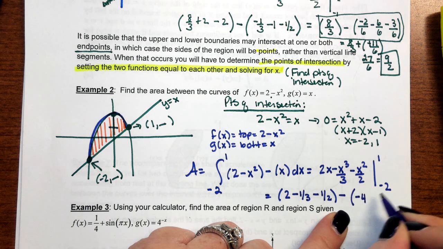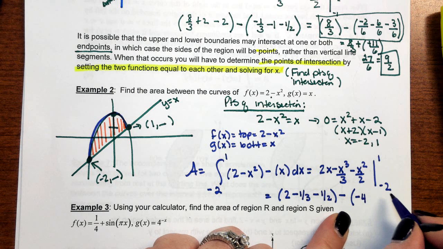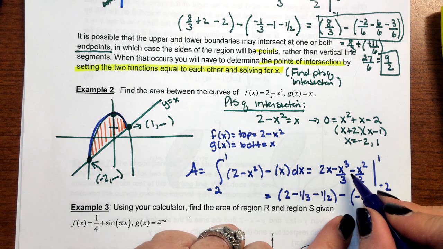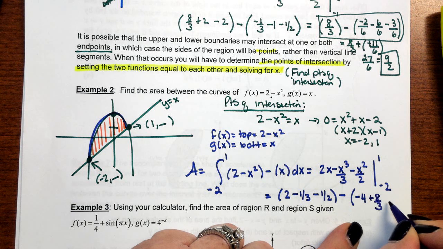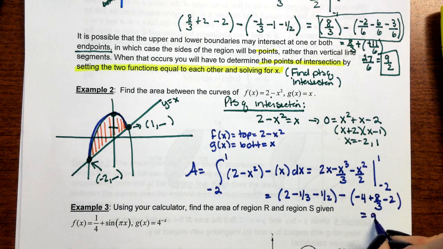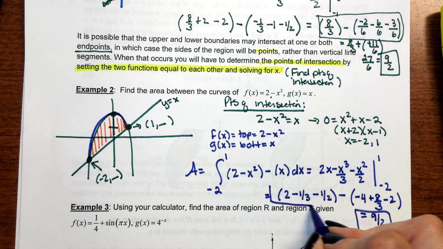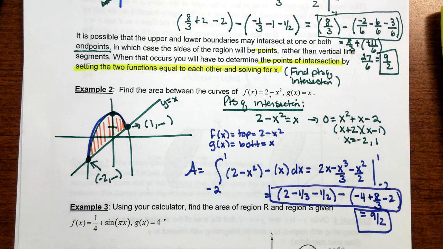That's going to give me a negative 4, and negative 2 cubed is negative 8/3, so that's going to be a positive 8/3. And that's going to give me a minus 2. And again, if I get my common denominators and add them all together, that's going to give me 9/2. Again, if it's a free response question, you can certainly leave it alone just like this. So that's how you can find the area between the curves by hand.